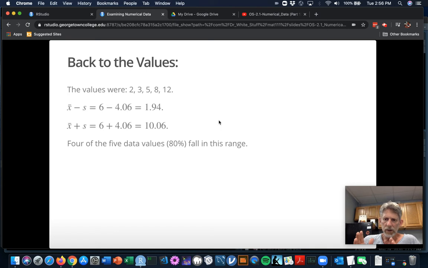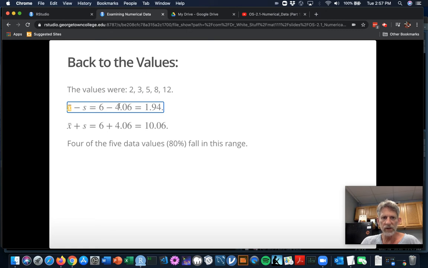So I want to take this a little further and show you how the mean and the standard deviation work together in typical data sets. Let's go back to these values here, 2, 3, 5, 8, and 12, the original data. And I'd like you to think about the mean minus the standard deviation.